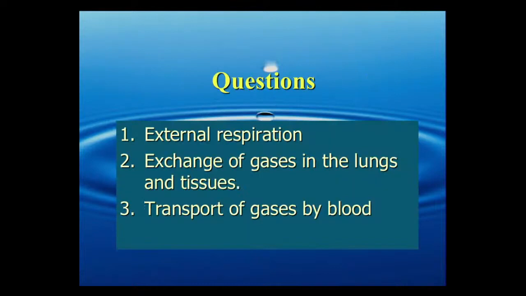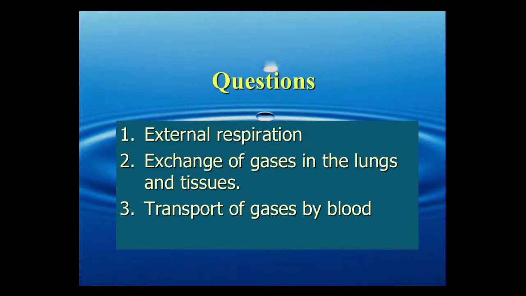It's external respiration or pulmonary ventilation, which means the inflow and the outflow of air between the atmosphere and the lung alveoli. The next event is diffusion of oxygen and carbon dioxide between alveoli and the blood.